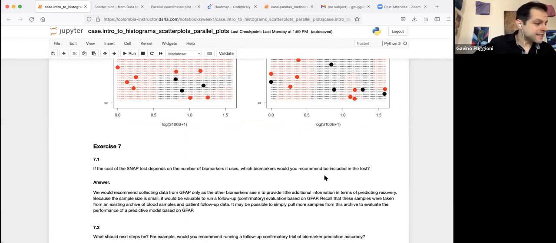What should the next step be? For example, would you recommend running a follow-up confirmatory trial or biomarker prediction accuracy? So yeah, among these two, which ones would you consider? Because both of them would be interesting in theory, but what to do first? Confirmation trial.